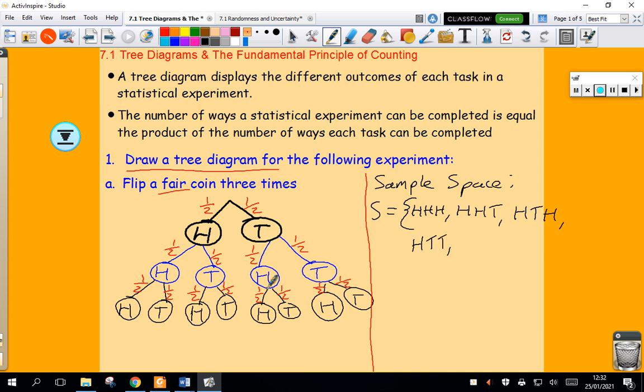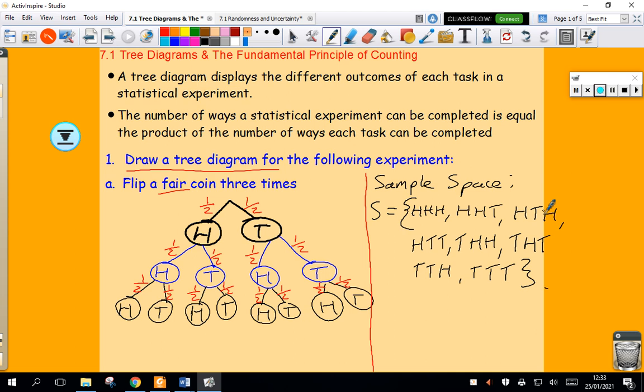My next one here, tails, heads, heads. Tails, heads, tails. Tails, tails, heads. And tails, tails, tails. And those are all my possible outcomes for the tree diagram for this experiment. So each of these is called an outcome. It's a possible result when I carry out this experiment. Remember, the experiment was flipping a fair coin 3 times.